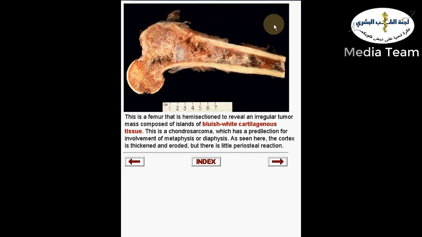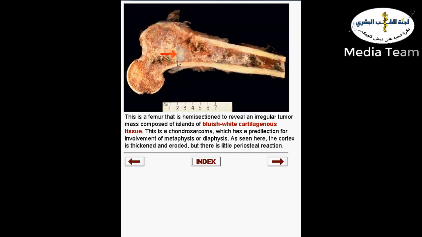This is another chondrosarcoma, but here it's in the peripheral skeletal system. Here it's in the femur. If you look at the medulla, we have white to gray to bluish-white cartilaginous tissue inside the medulla. It has a predilection for involvement of metaphyses or diaphyses.